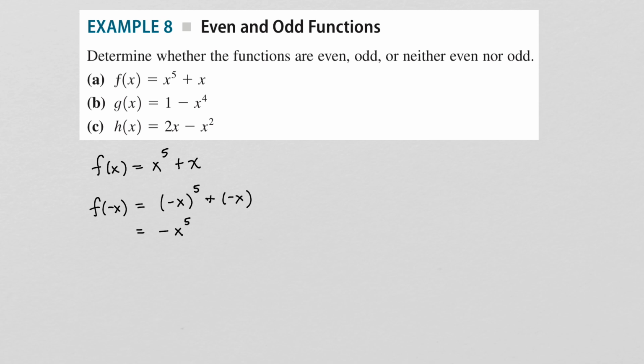And when you add negative x, you just get minus x. And I want you to notice that if you factor out a negative here, you will get x to the fifth plus x. Do you notice that this is our original function? Right? That's what we started with. So this is equal to negative f of x. And so this first function is odd.